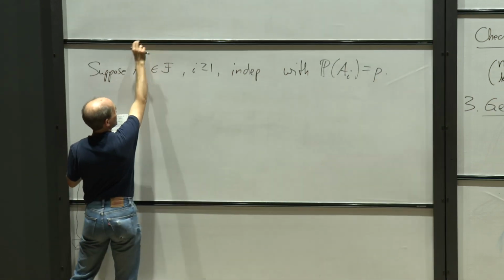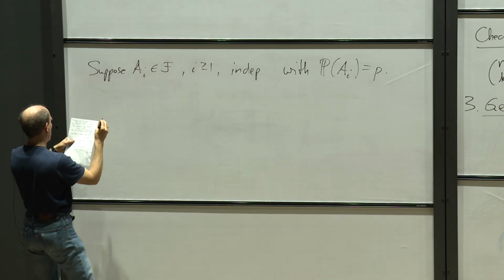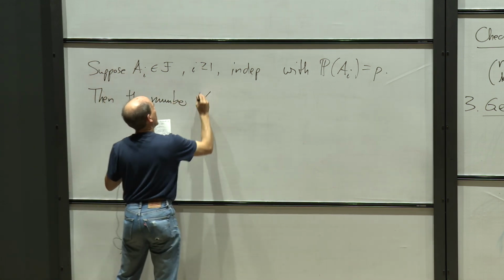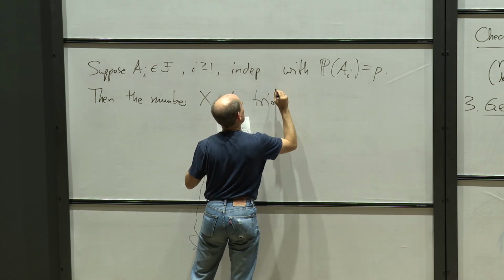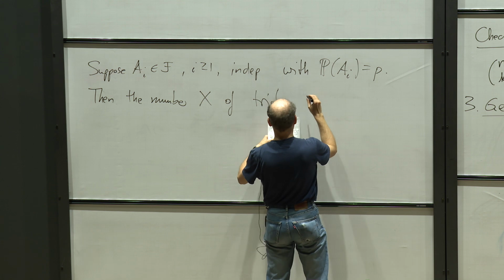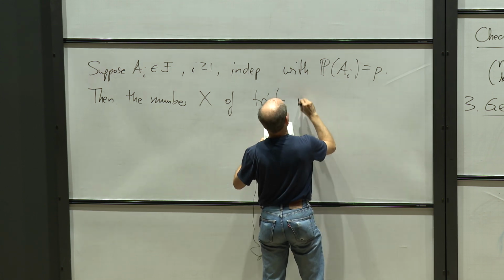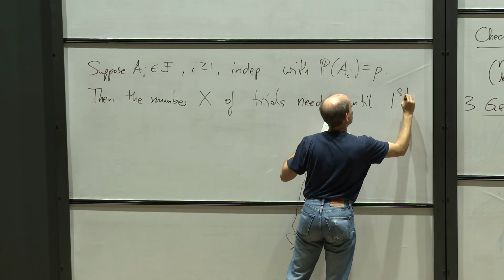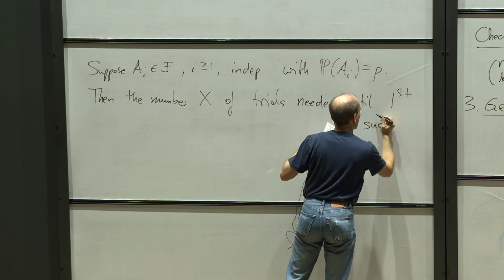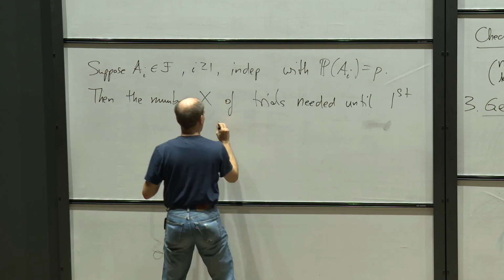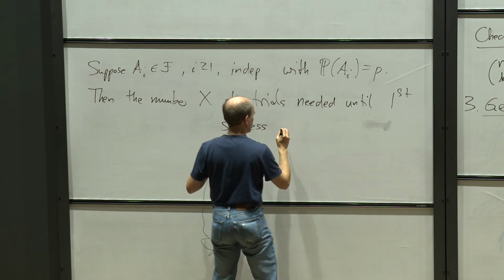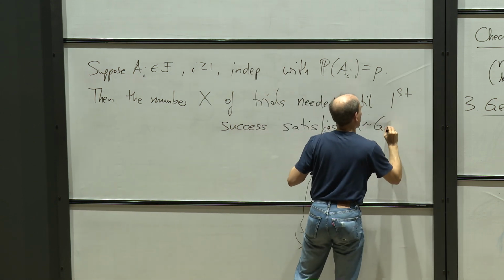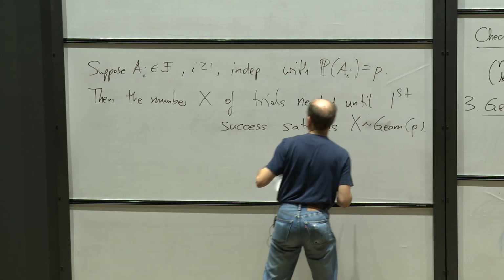Again, we think of success in the ith Bernoulli trial, and I claim the number x of trials needed until the first success satisfies that x is geometrically distributed with parameter p.